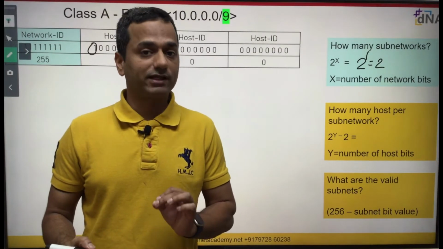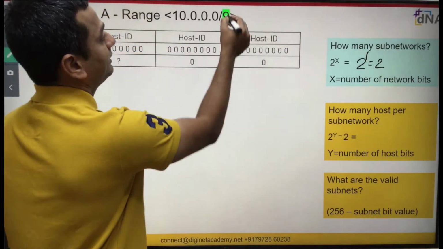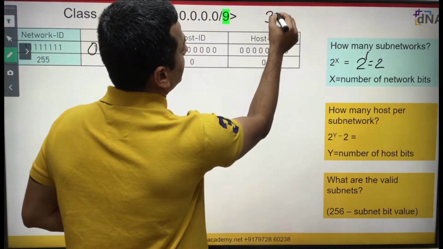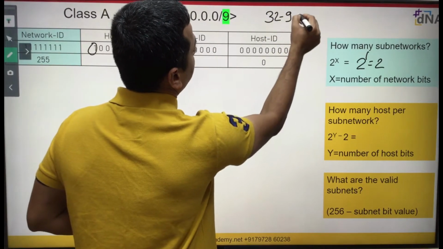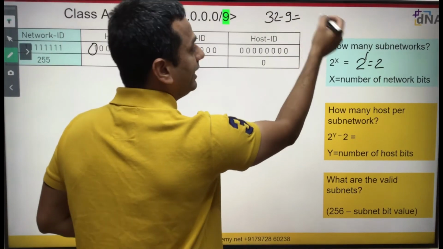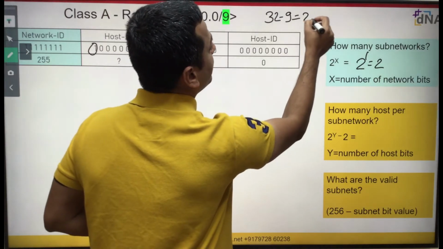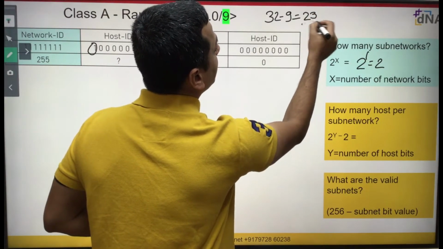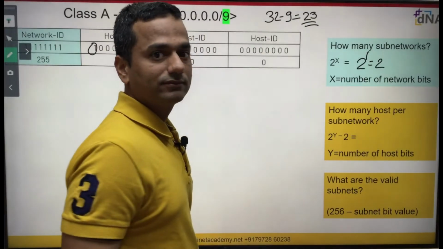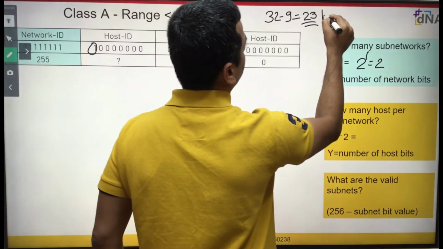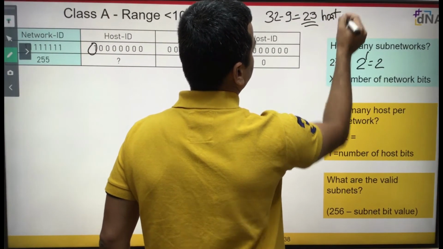So how many host bits do we currently have? /9 means out of 32 we have 9 bits for network and subnetwork. So it means the remaining 23 bits we have for host.